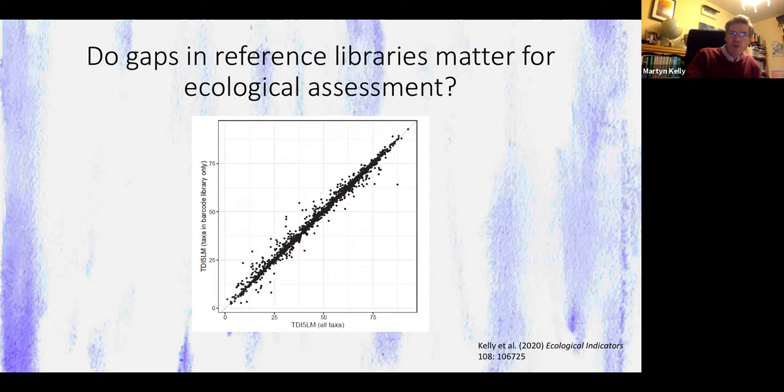And you can see pretty good agreement most of the time. You've got a few outliers, but on the whole, the difference between using all taxa and just those in our reference library is pretty small. So on that basis, I would say the gaps are probably less important than some of the other issues that I'm going to talk about on the next few slides.